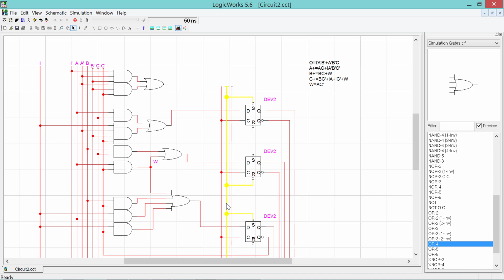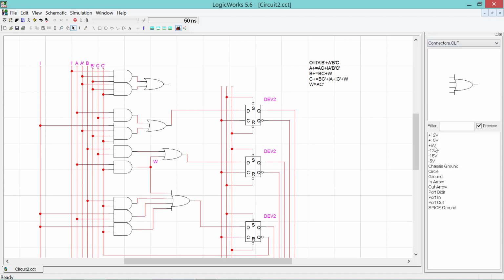Let us make sure that the reset state is set appropriately. Finally, we tie our remaining pins to a logic 1. Let us connect logic 1. I just use a plus 5 volt connection.